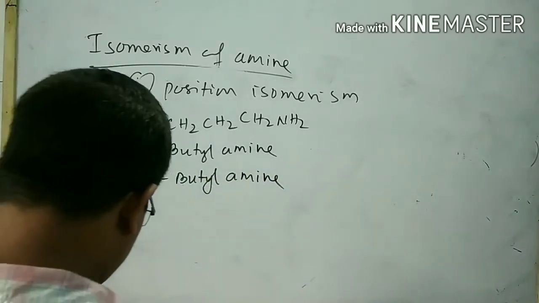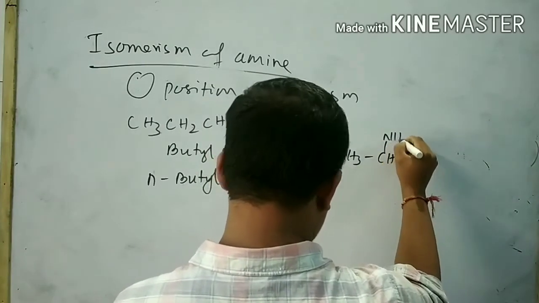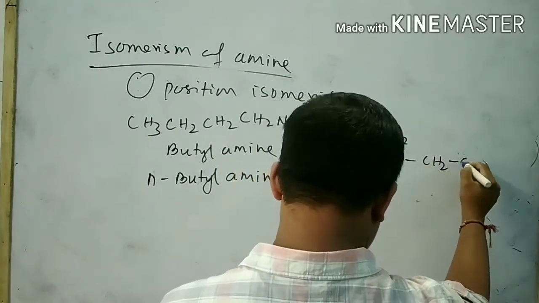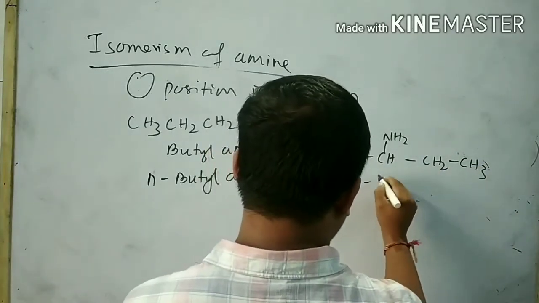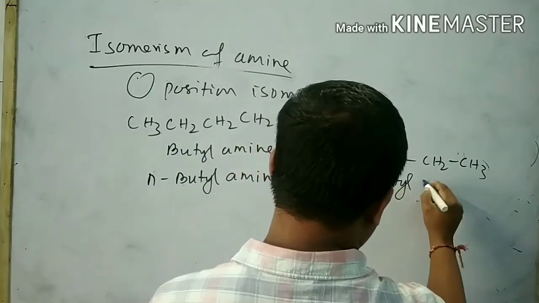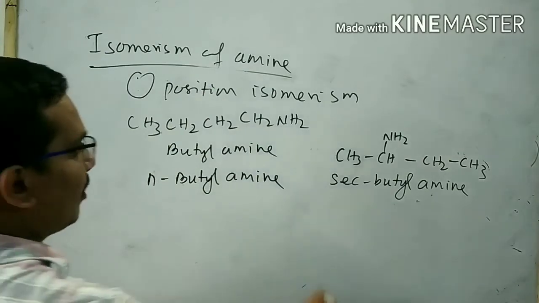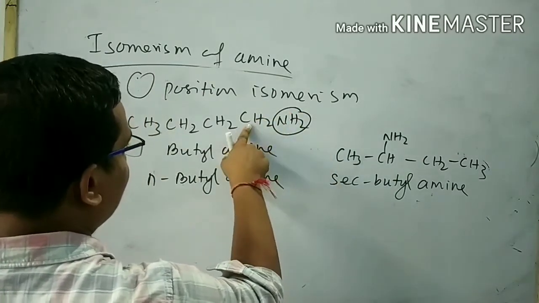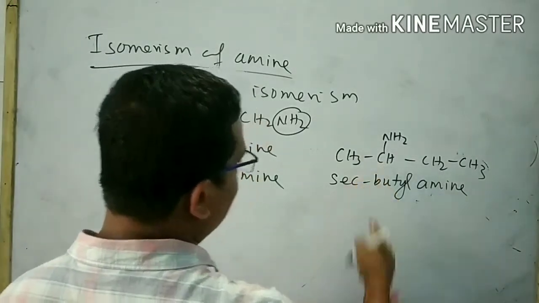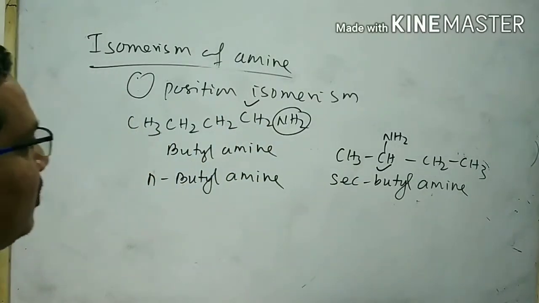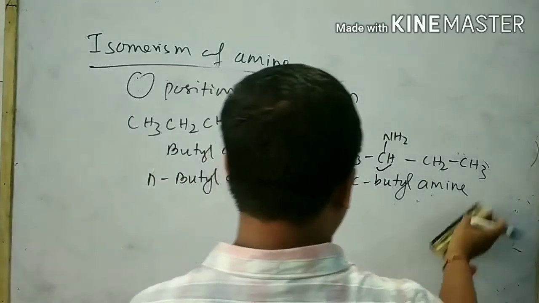Take another example, CH3-CH(NH2)-CH2CH3. The name of this compound is secondary butylamine. Both compounds have the same formula, but in one NH2 is attached to the first carbon atom, and in the other NH2 is attached to the second carbon atom. The position of NH2 is different, so it is positional isomerism.